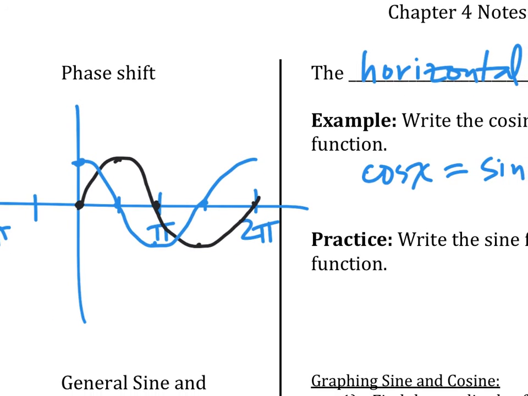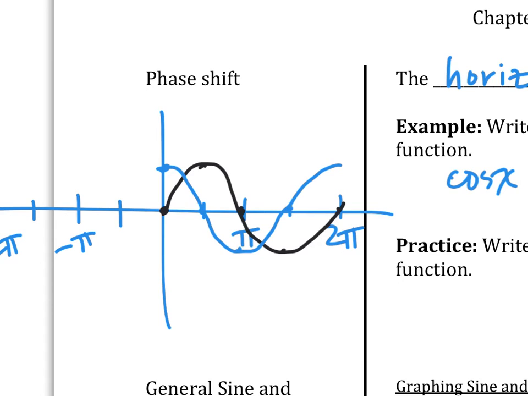Is that the only way I can get to this cosine graph? Not at all, right? I can actually push it to the right. If I take this point, or even this peak, this maximum, and then push it this way to the right by this much, I would have the cosine graph, but how much is that?